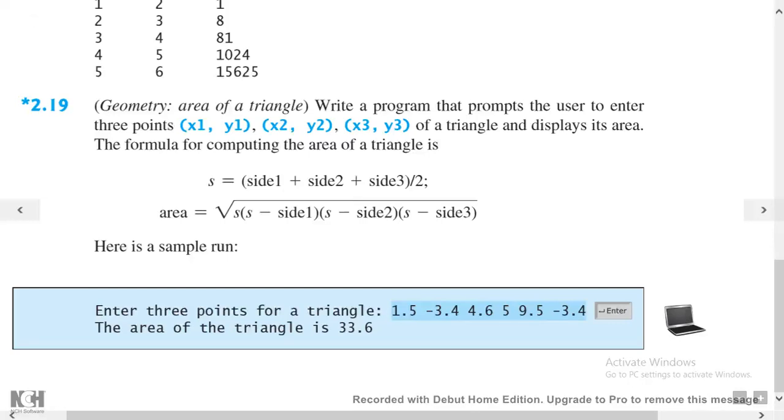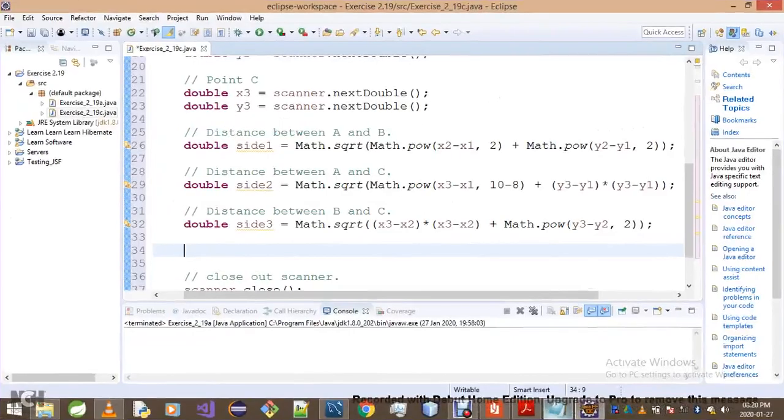If you decide not to use s, which we shouldn't by the way, then the thing inside the square root will be cumbersome, because we would actually be replacing s with side 1 plus side 2 plus side 3 all over 2. That will be way too tedious, you guys. So it's a better solution to have a variable called s, right?